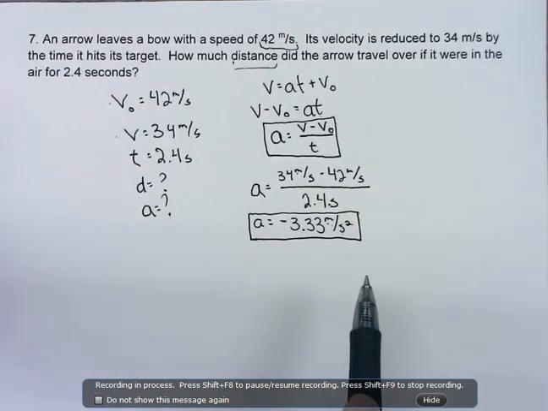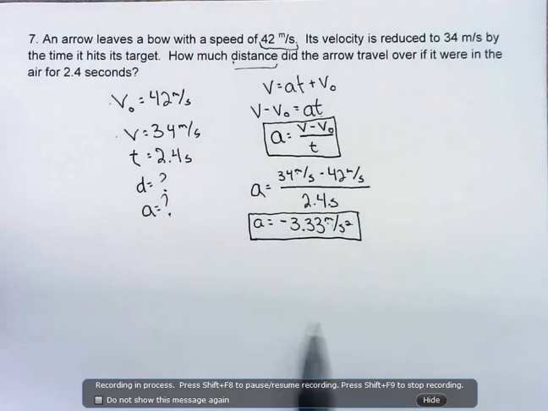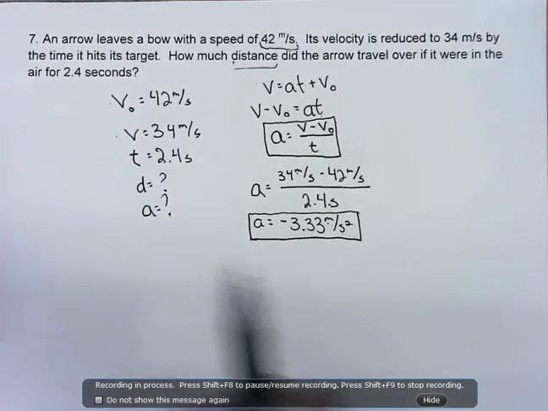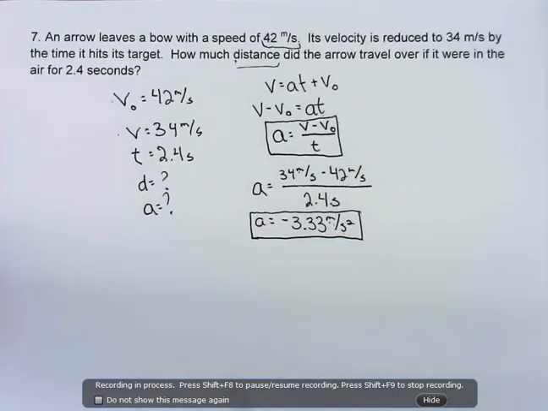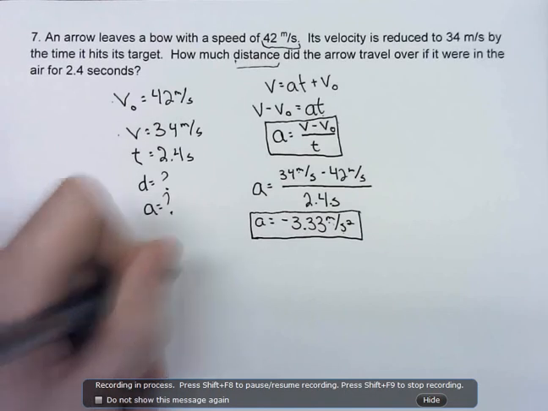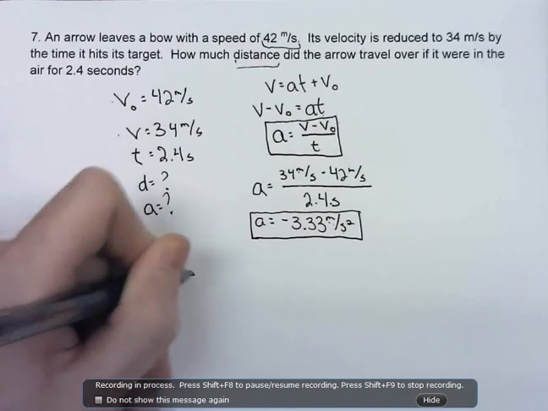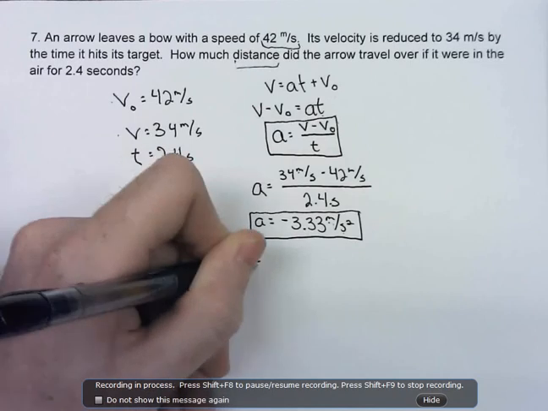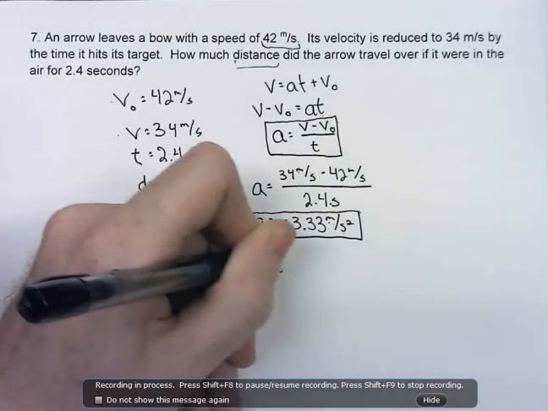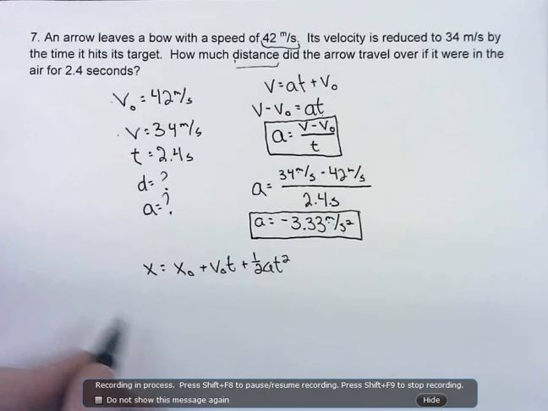So there's the first part. Remember, this is a tougher problem. It's a two-step problem, not the norm, but I wanted to show you guys a tougher one as the example, while you guys will do some easy ones later. So I now know my acceleration. I just said I can use my x equals x sub o plus v_o t plus 1/2 a t squared equation to find out what distance it traveled.